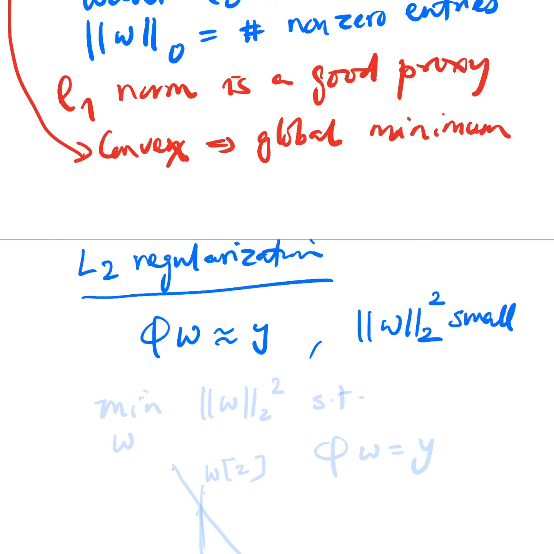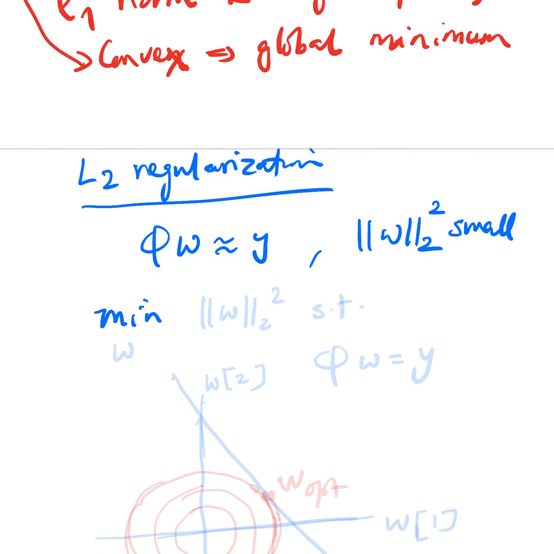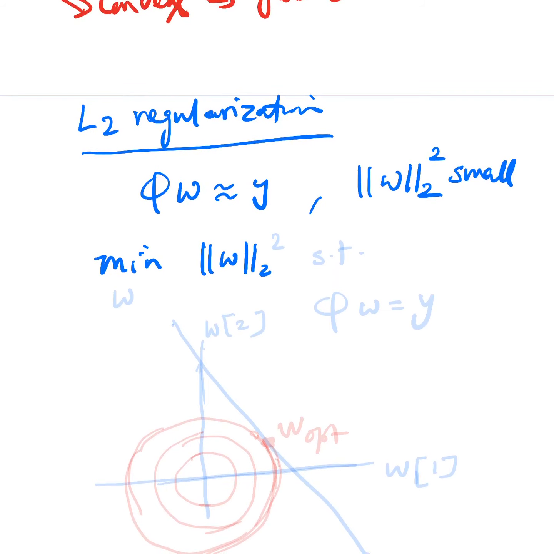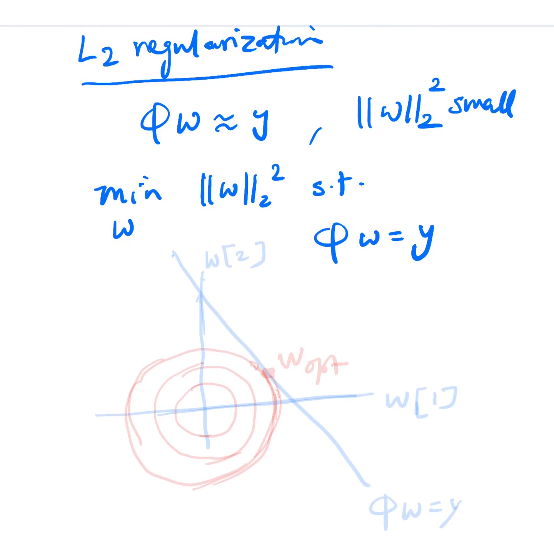So let me try to get intuition not by the original problem, but by saying, what if I think about minimizing the L2 norm of W such that I exactly meet my targets, that phi W equals Y. It's just easier to give intuition for this related problem. I'm going to try to give this intuition in a two-dimensional setting.